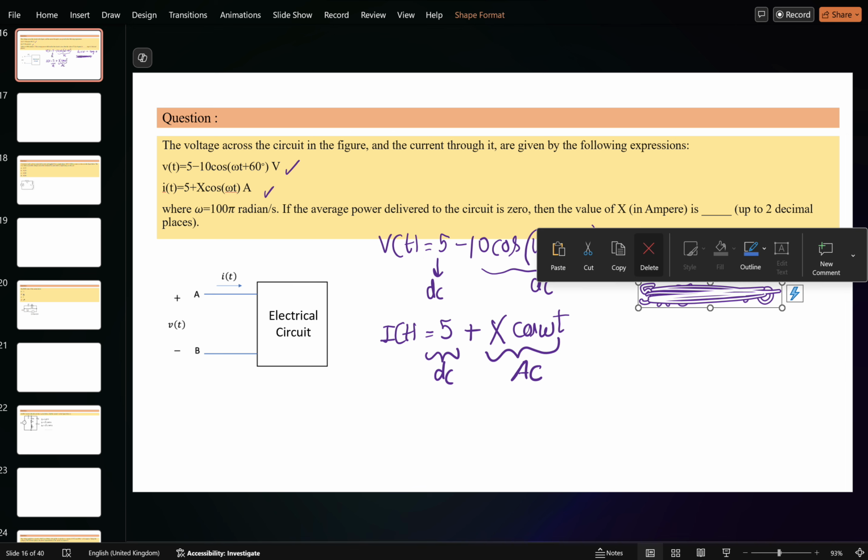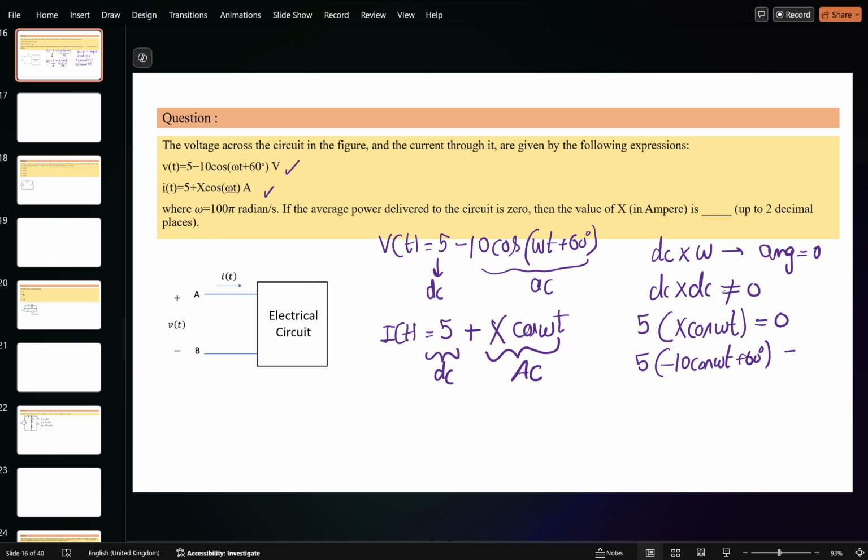And similarly, 5 multiplied by minus 10 cos omega t plus 60 degree, means 5 of current and minus 10 cos of the voltage, its average will also be equal to 0. What terms will come into the picture? There are only two terms. That is 5 multiplied by 5 in the instantaneous term, and one more term, minus 10 times x multiplied by cos omega t plus 60 degree and cos omega t. Getting my point?